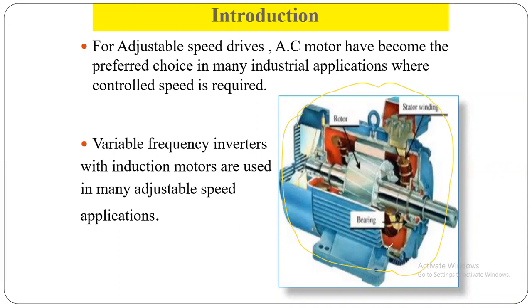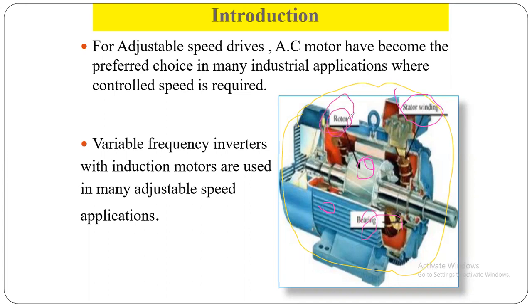Basically, in any type of motor there are only three main parts: one is the stator, the second is the rotor. In the induction motor there is a stator winding, as you observe in this figure; these are the bearings, and this is the rotor.